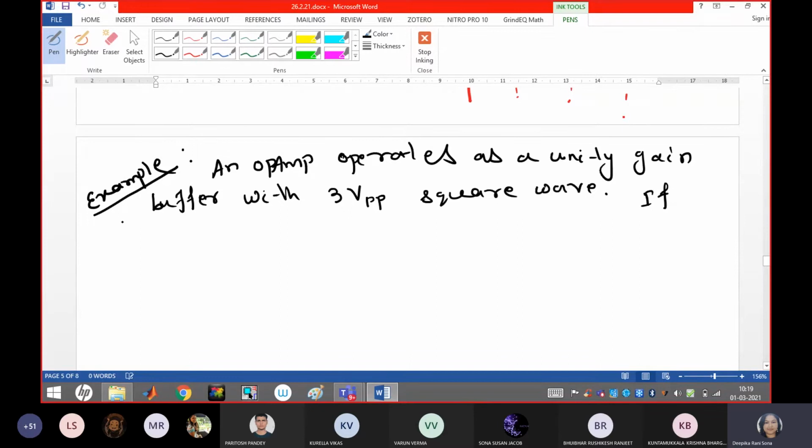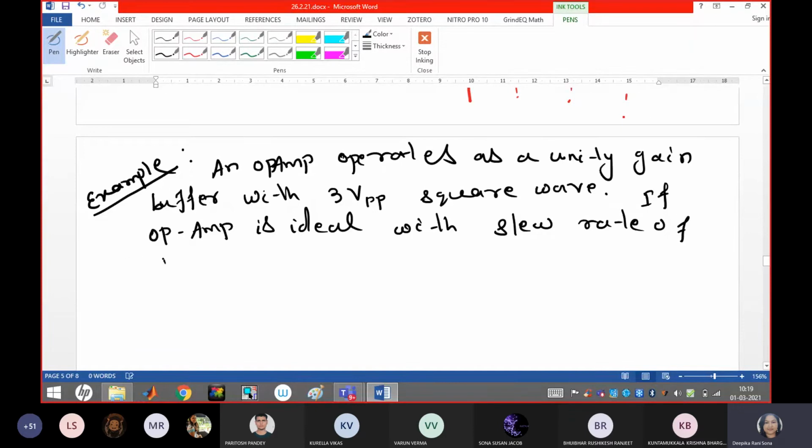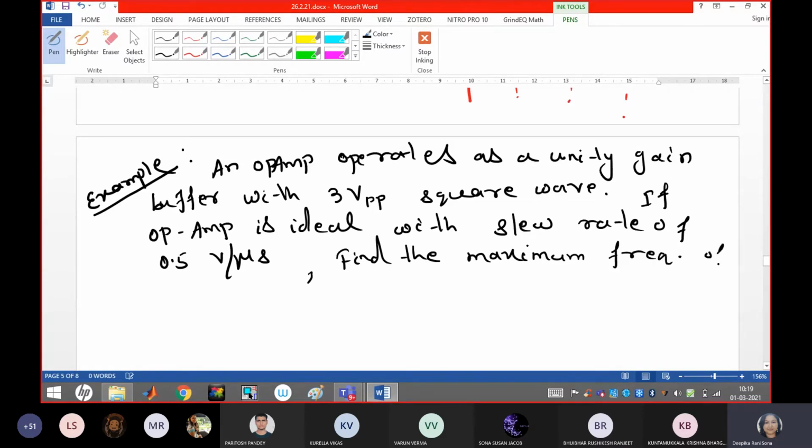If op-amp is ideal with slew rate of 0.5 volt per microsecond, find the maximum frequency of operation.